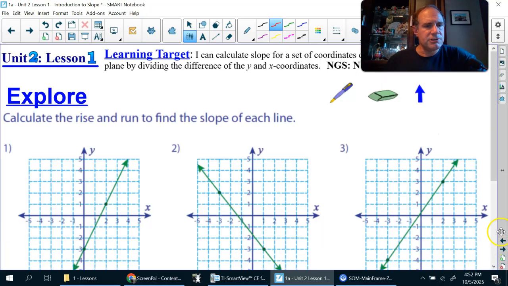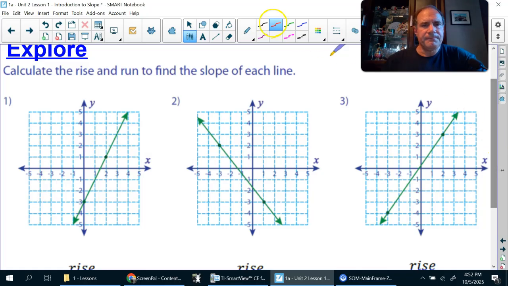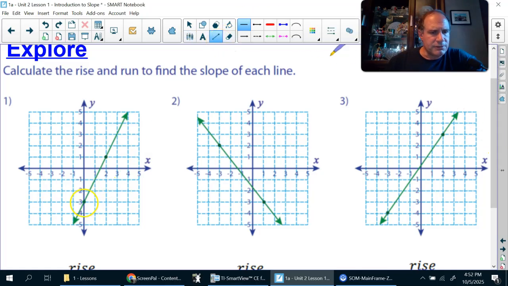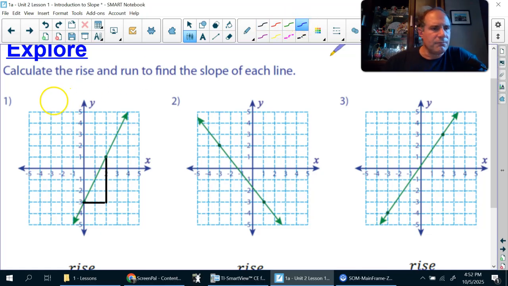Going to the next page, again, we're going to calculate the rise and the run. We're just going to do this as quickly as possible. We're going to make our triangle. Remember, we're going to put L and we're going to put R. And this is going to be a positive slope.